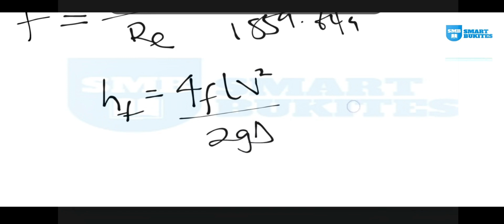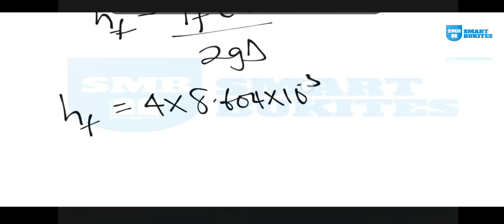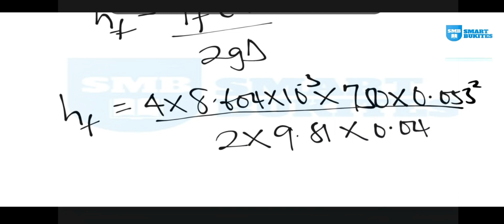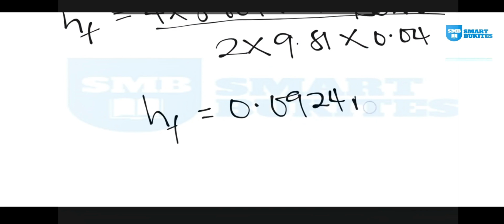I have everything now, therefore the head loss will be 4 times F, which is 8.460 times 10 to the power of -3, times the length, which happens to be 750 meters, times V squared, what's my V? 0.053 squared, over 2 times g, the acceleration due to gravity, then the diameter 0.04. Now the head loss, if you press the calculator well, you will see that it's equal to 0.0924 meters. This is the head loss due to friction in the pipe we are given.